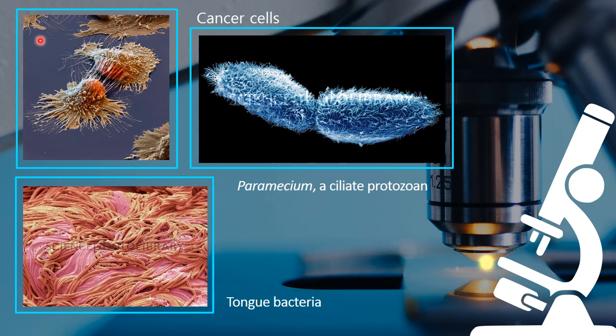As you can see, all the images here are in 3D structure, and it only provides the topographical image that focuses on the surfaces of the specimen. For example, these are cancer cells taken by the SEM, and this is the paramecium, a ciliated protozoa. You can observe the cilia of these protozoa. And this is the tongue bacteria that we can get from our tongue.